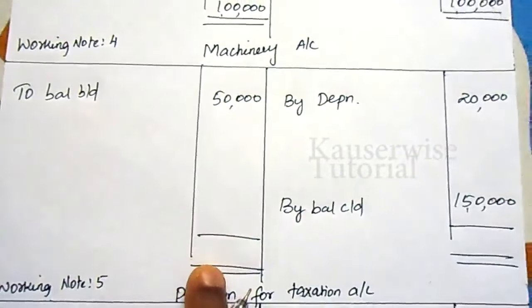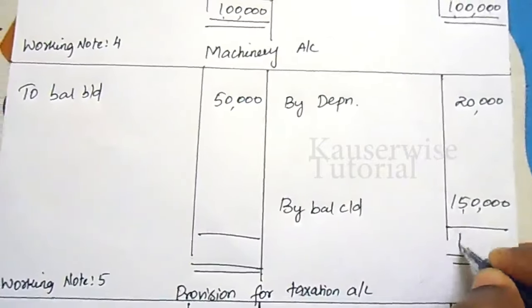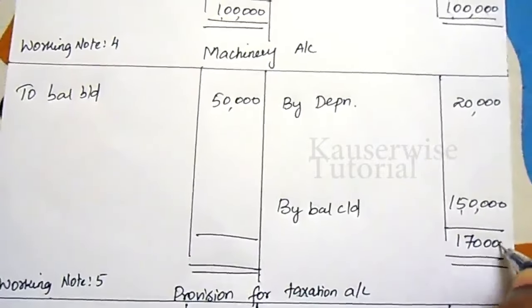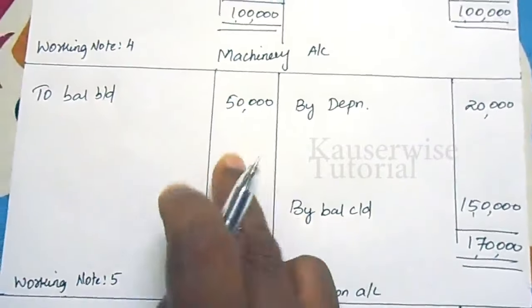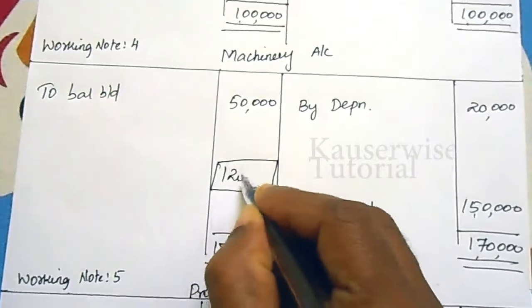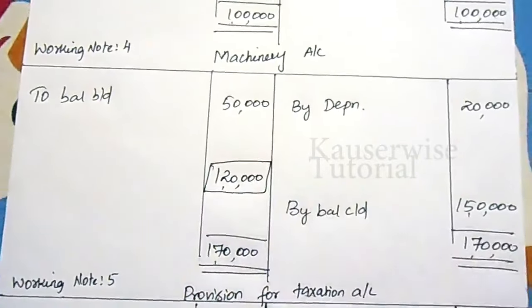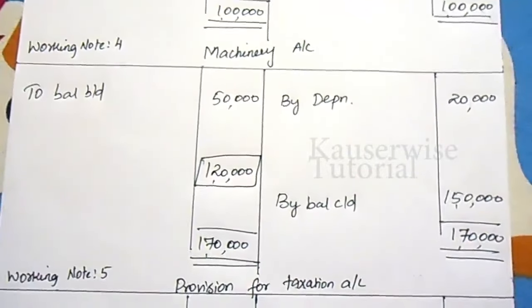Now get the total. Debit side 50,000, credit side 1,70,000. Which one is the highest value? 1,70,000, no? So enter 1,70,000 on both sides. Here you are getting a balancing figure. How much balancing figure? 1,20,000. I told you, no, if any balancing figure, either debit or credit, it will be considered as a purchase or sales.